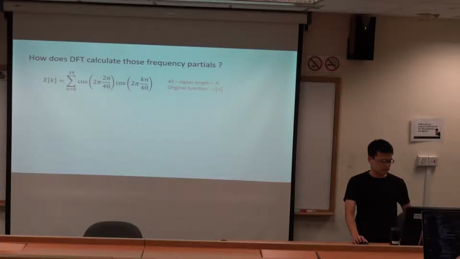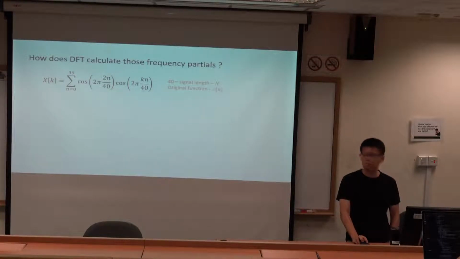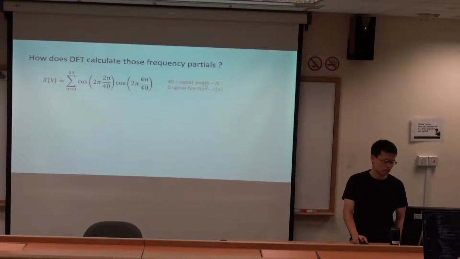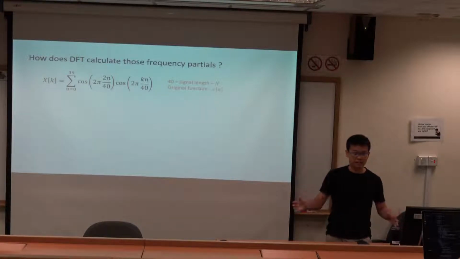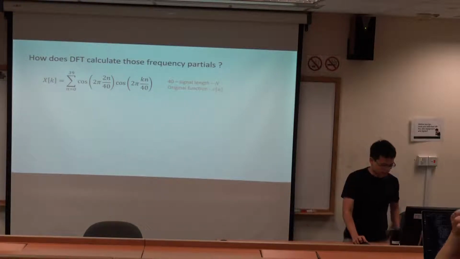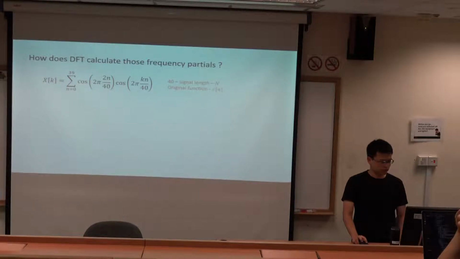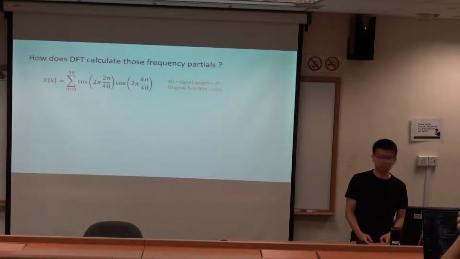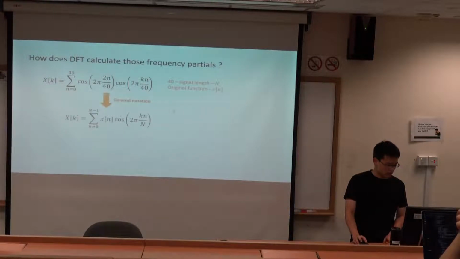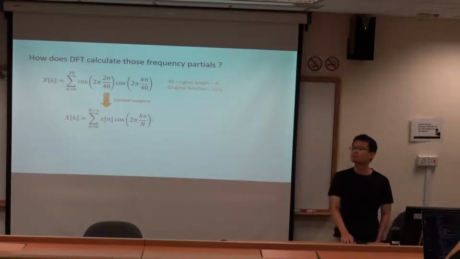And if I substitute the signal length, 40, with capital N, which means the signal can be any length, and I substitute the original function with x of n, which means it can be any function, then I get a general notation of this formula, right? Problems? Okay, good.